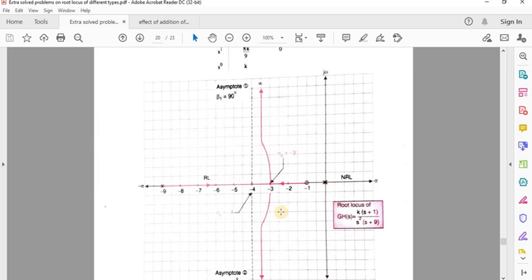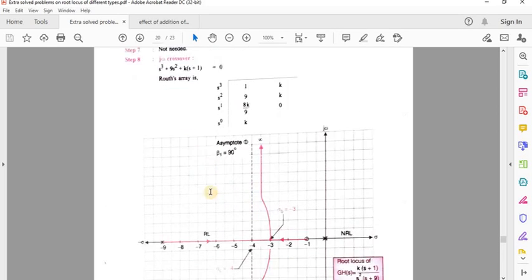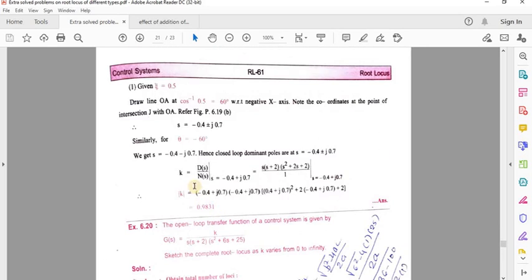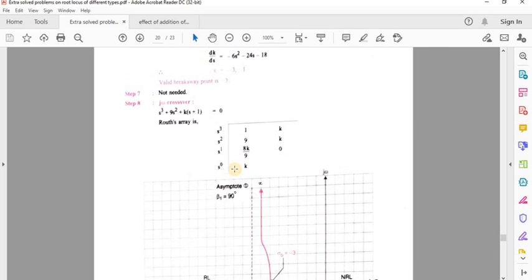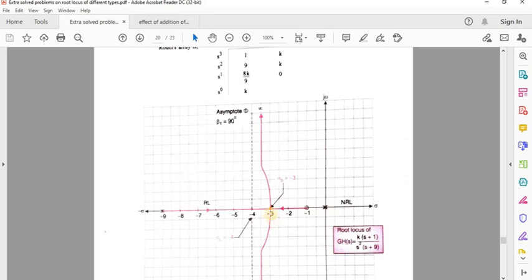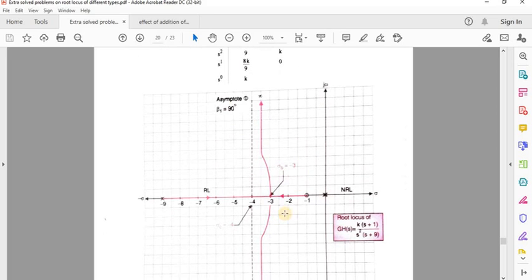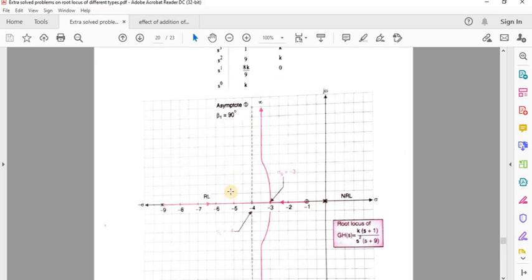The root locus is like this, because there is no intersection as the k value is negative. Just choose the breakaway point, which is minus 3, and go along the asymptote angle. A second breakaway point is not available, so no need to close the loop.